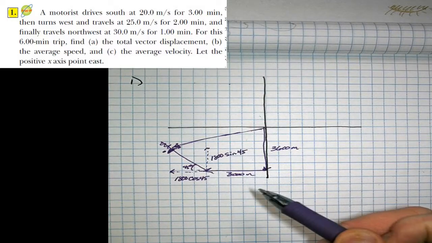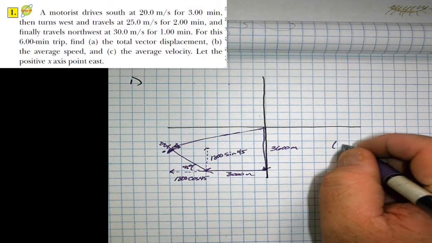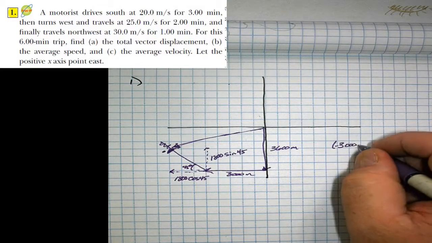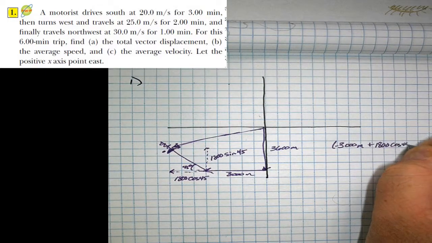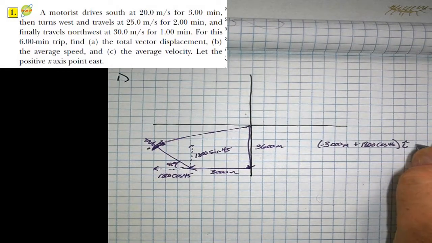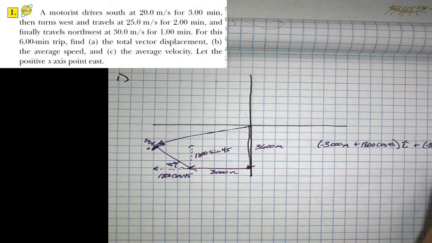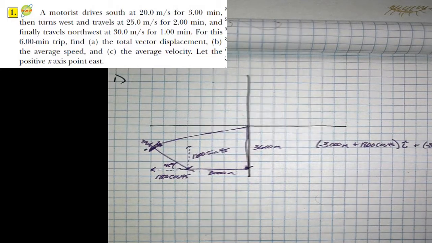Okay, so our total displacement is going to be negative 3,000 meters plus 1,800 cosine 45 i hat, plus negative 3,600 meters plus 1,800 sine 45 j hat, and that's running off the page here.